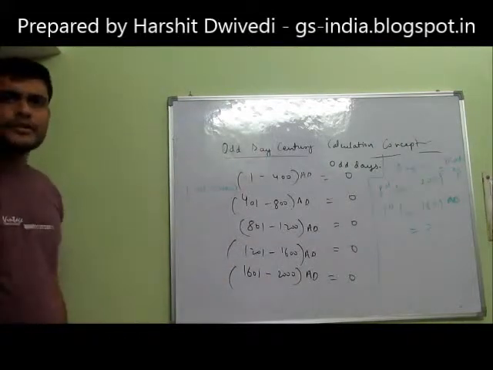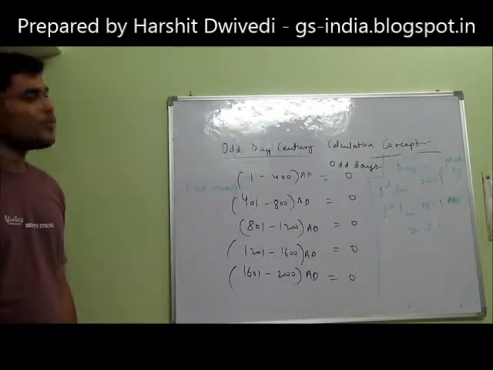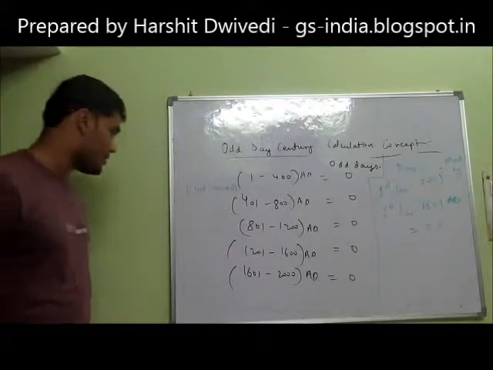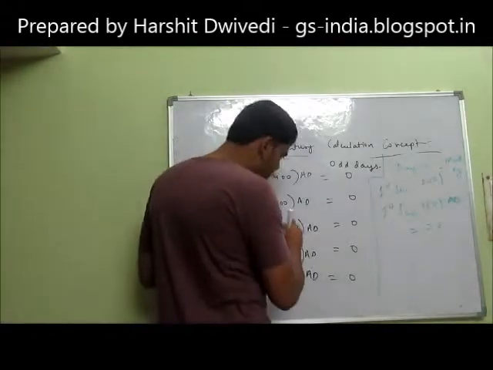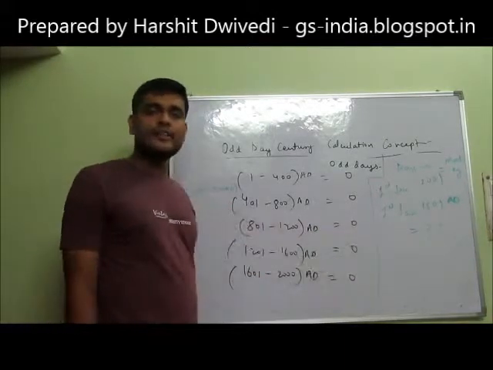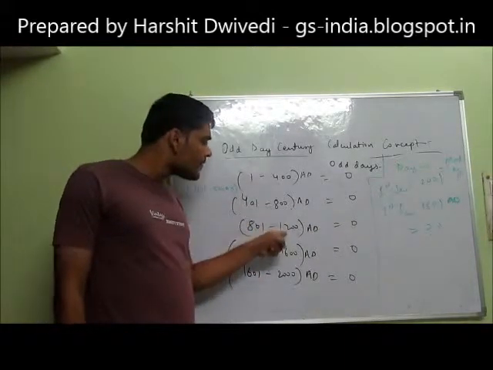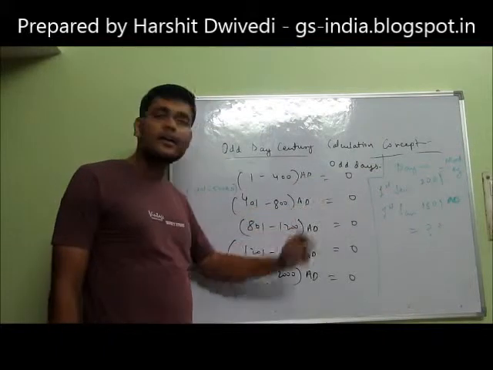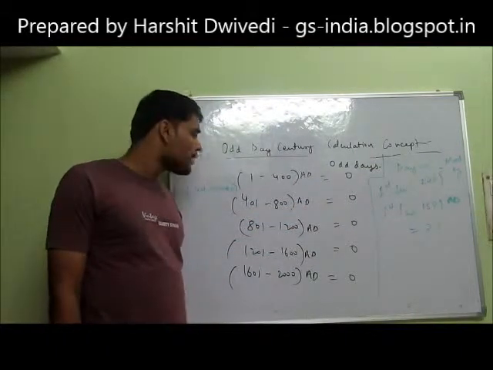Is this a tough question? It is not at all a tough question. Why is it not tough? Just have a look. I know that for 801 to 1200, these 400 years, the odd days are 0. For the first 1200 years, odd days are 0. So what can I say?